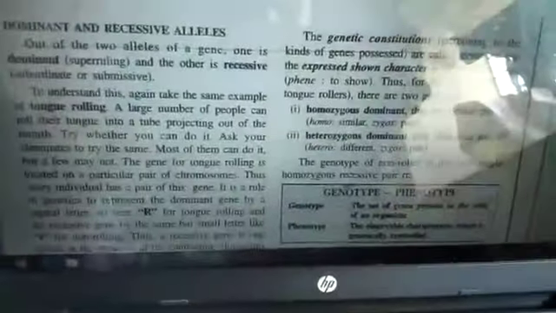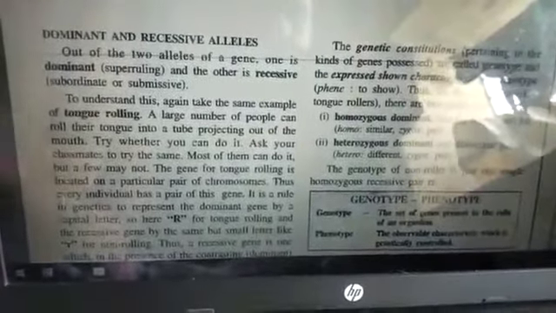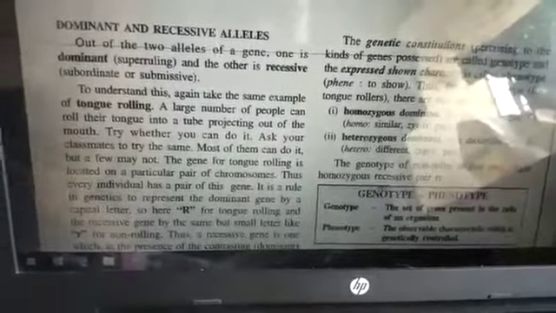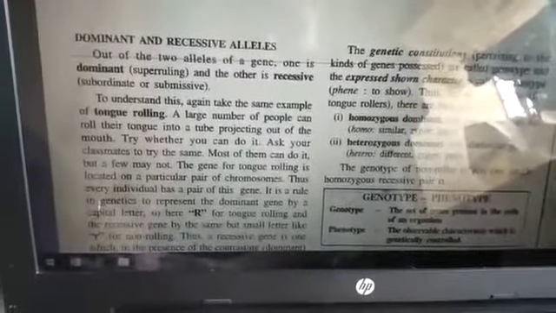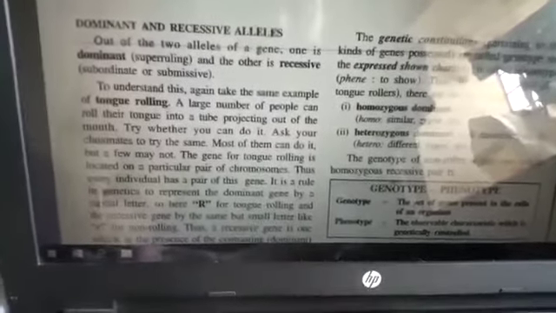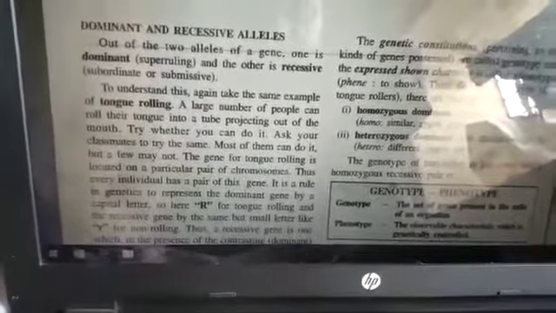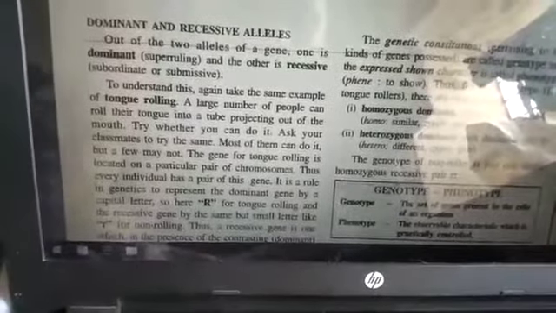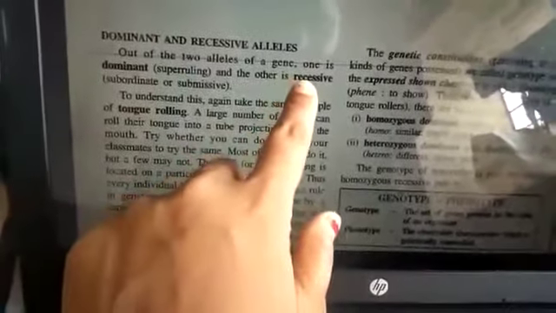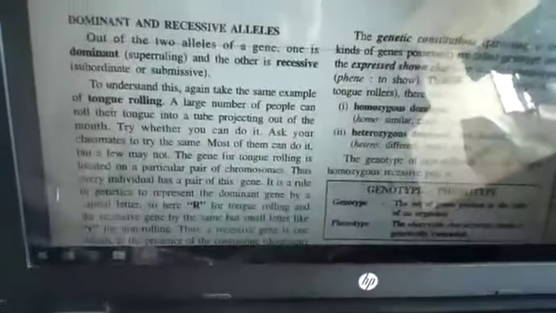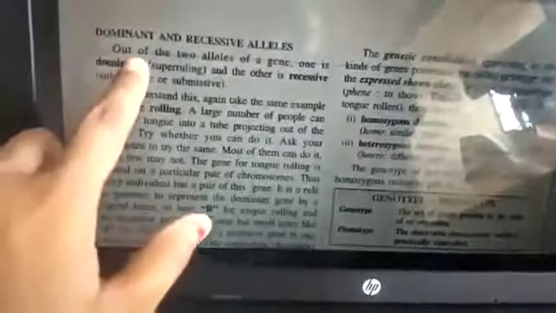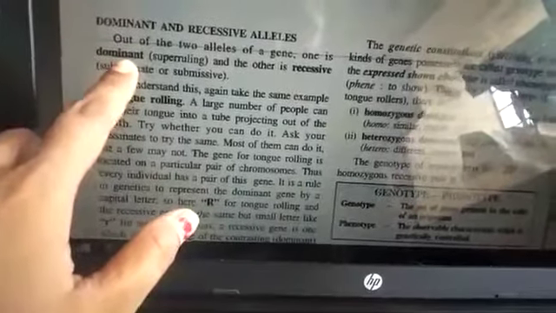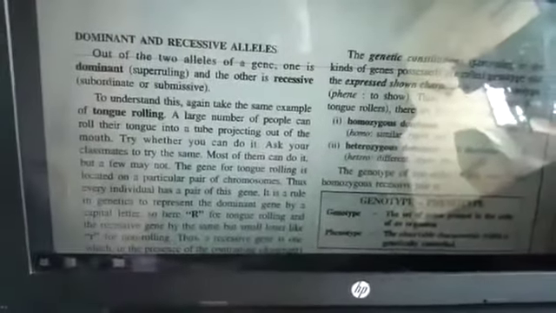For example, in a family, a father has the capacity to roll his tongue, while his son does not, but his daughter can. In this case, the father is dominant, but in the son the gene which is present is recessive, thus he cannot express the rolling of the tongue, while the daughter contains the dominant character of the father, thus she can.